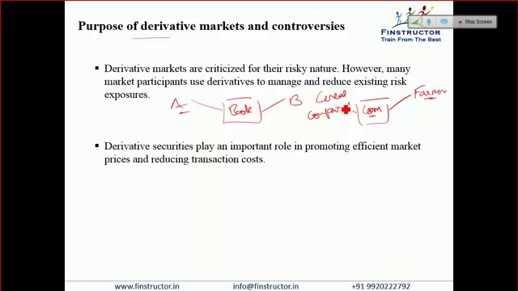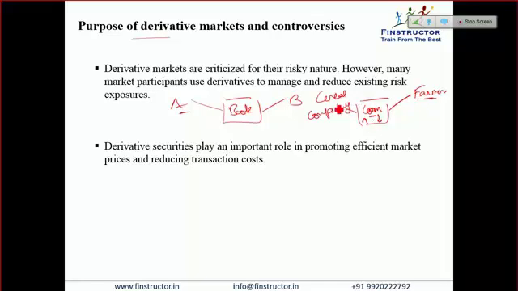Similarly, does the cereal company have a risk that they want to buy corn for producing the cereal and the price of the corn goes up by a big amount? Farmer has a risk that the corn price can go down. The cereal company has a risk that the corn price may go up.